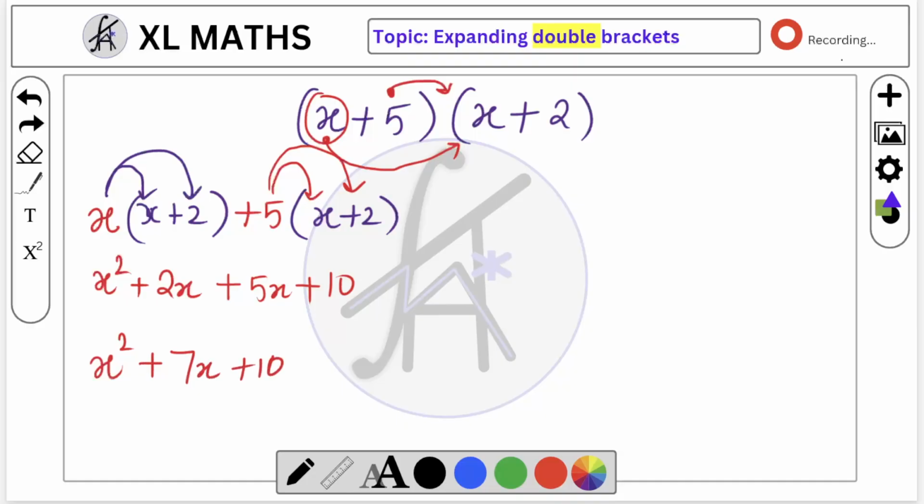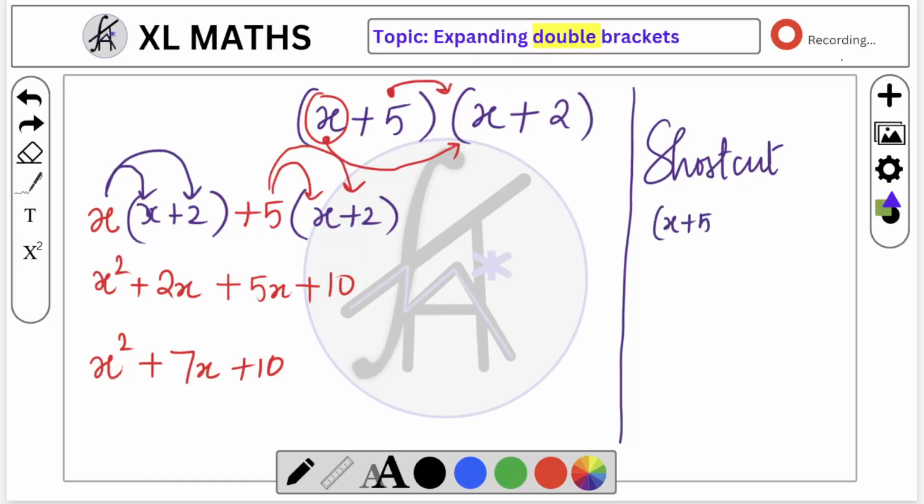How about quickly discussing the shortcut for this? Let's discuss the shortcut. So what we have in here, x plus 5 and x plus 2. You're going to be writing x squared, because that is a shortcut thing. Okay, 5, you're going to be taking this number and the other number.